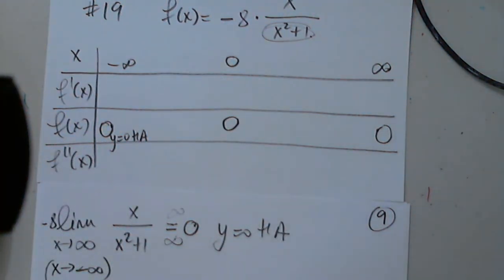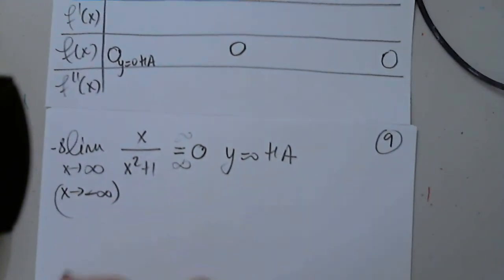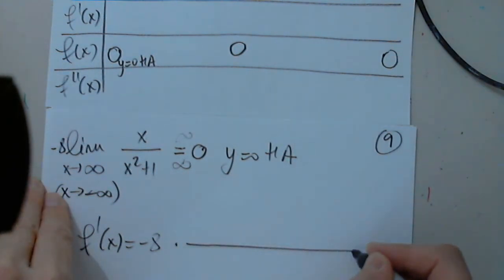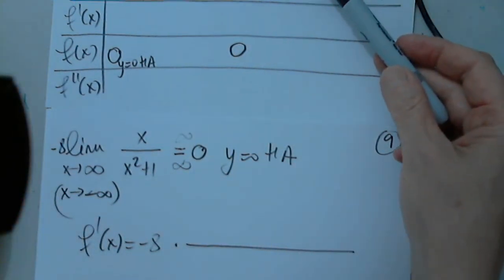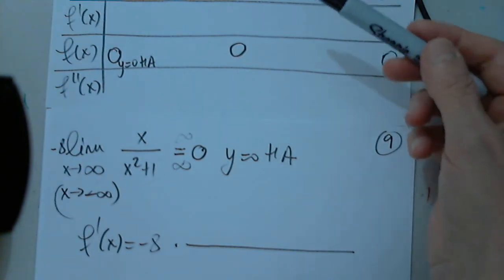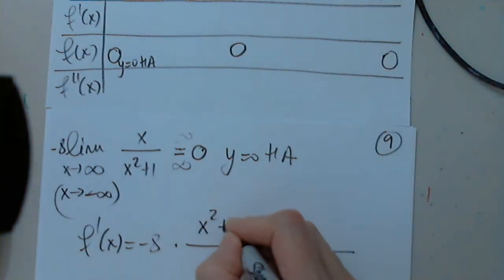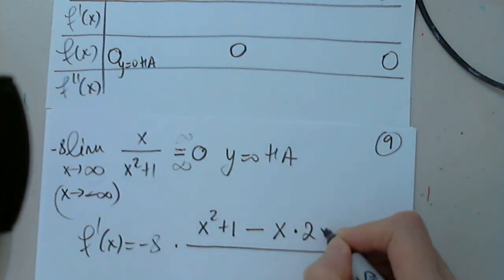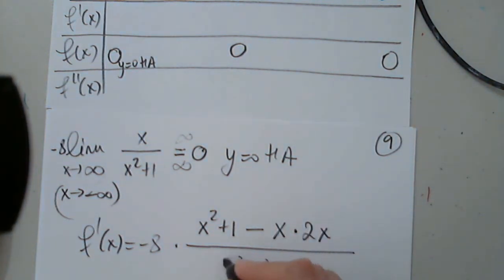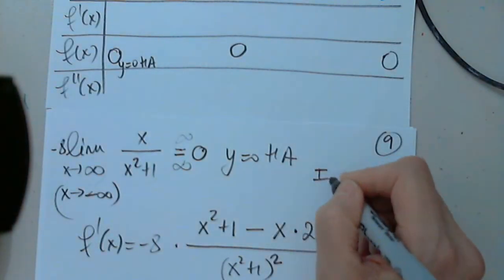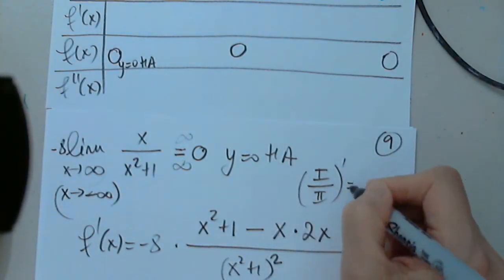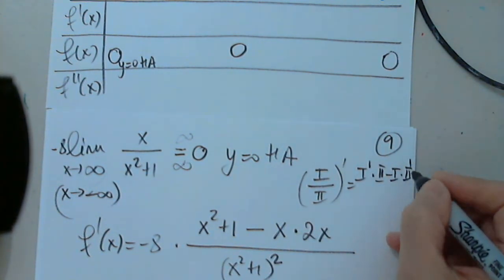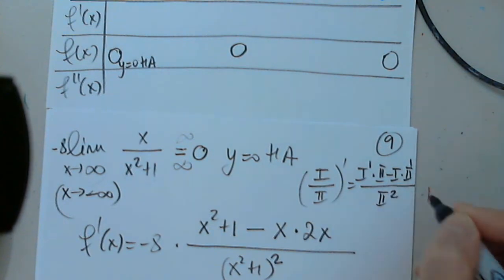Perfect. Now I move on to the first derivative. So f prime equals negative 8. Now, it's a ratio, it's a quotient, so I have to use the quotient rule. The top prime is 1 times the denominator minus the top times the denominator prime over the denominator squared. So remember, 1 over 2 prime equals 1 prime times 2 minus 1 times 2 prime over 2 squared.